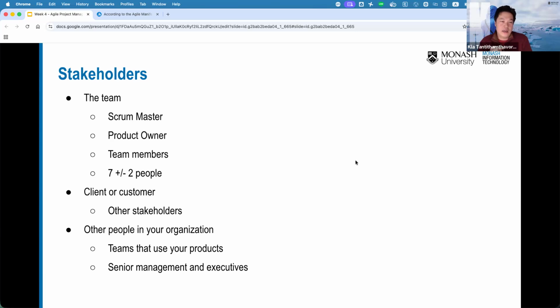What else? The role of the Scrum Master. What I want to mention here is that it doesn't mean that all teams or all companies need a Scrum Master. A Scrum Master is needed for the early adoption of Agile. But once the team is mature, they know the Agile Scrum framework, they know how to run the team, we really don't need the Scrum Master. Just FYI.